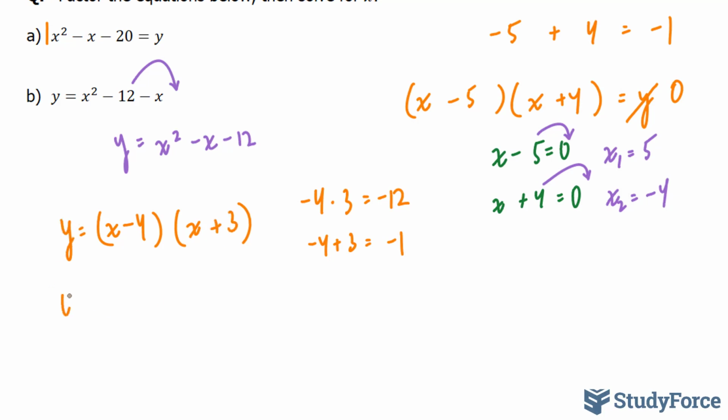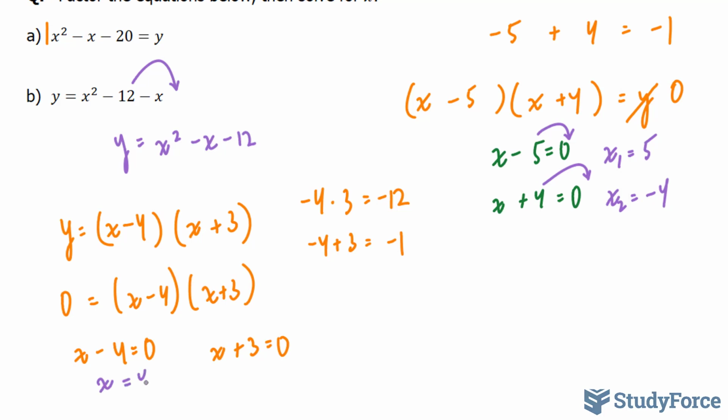I'm going to set my y equal to 0, and by doing that, I'll individually solve each of these brackets. The first one, x minus 4 is equal to 0, and the second one, x plus 3 is equal to 0. Solving for x in each case, we end up with positive 4 and negative 3.